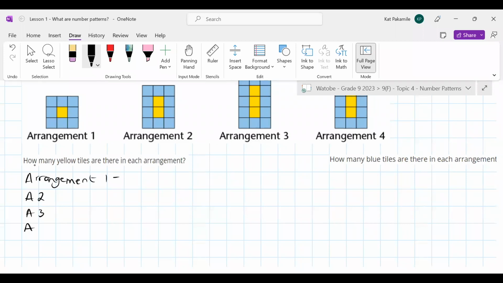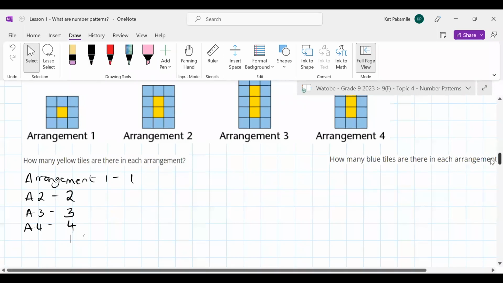Arrangement 1 has how many yellow tiles? 1. Arrangement 2 has how many yellow tiles? 2. Arrangement 3, 3, and arrangement 4, 4. Do you see a pattern here? Yes, ma'am. We're adding 1.